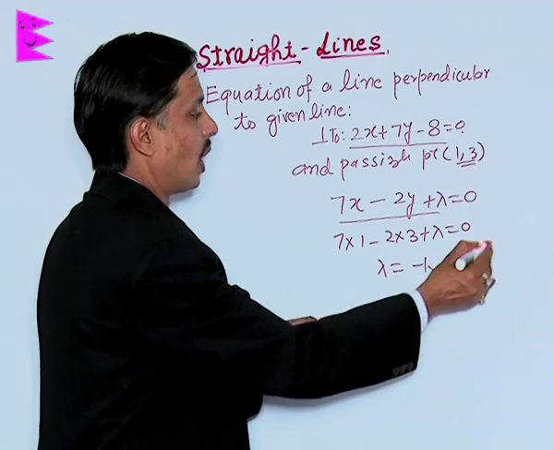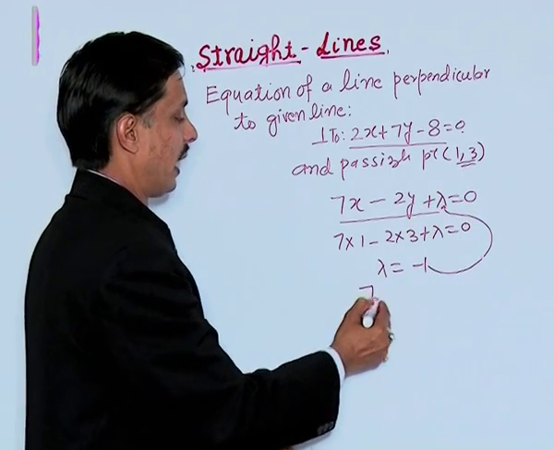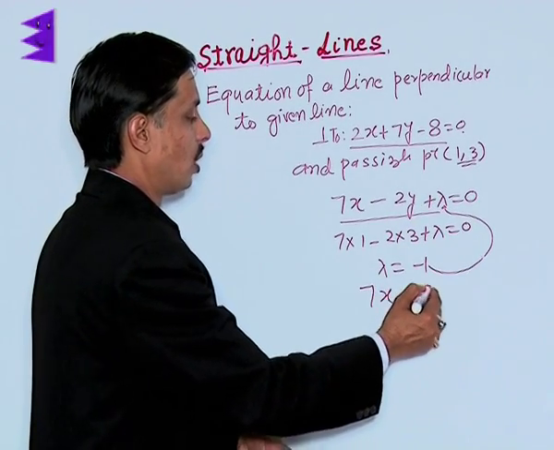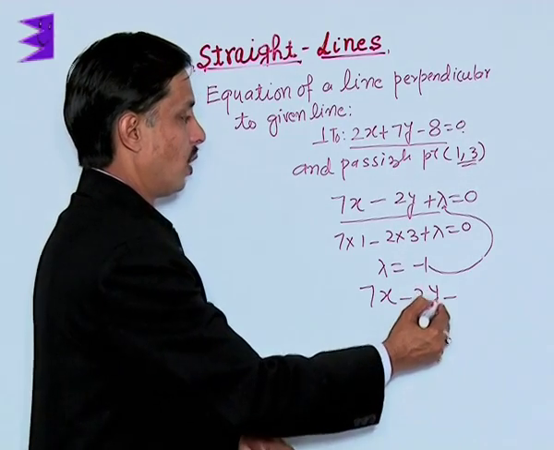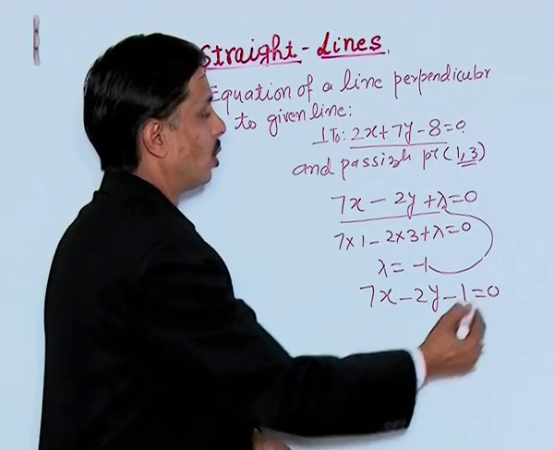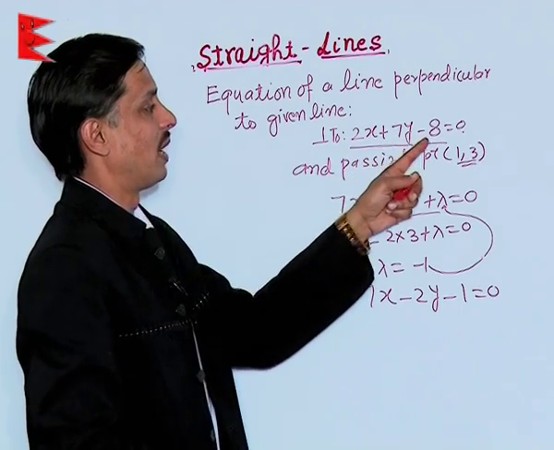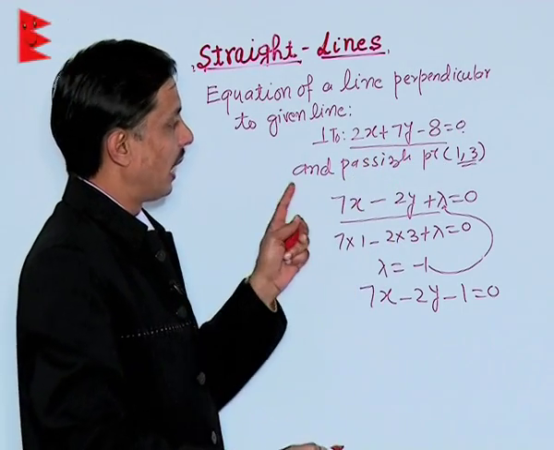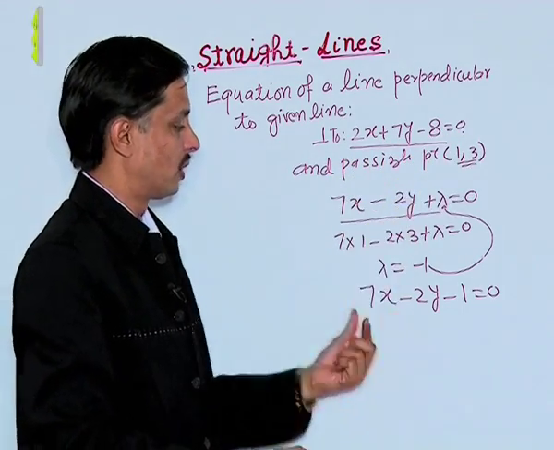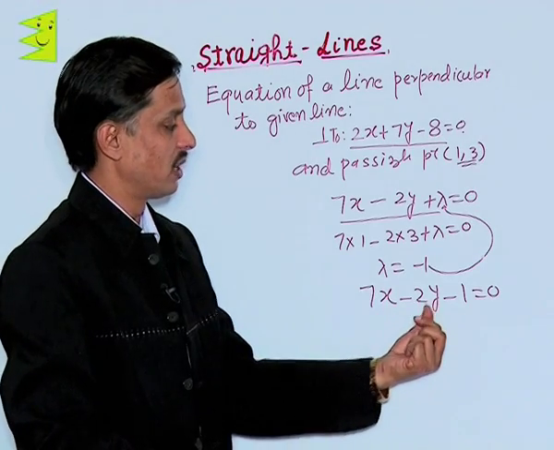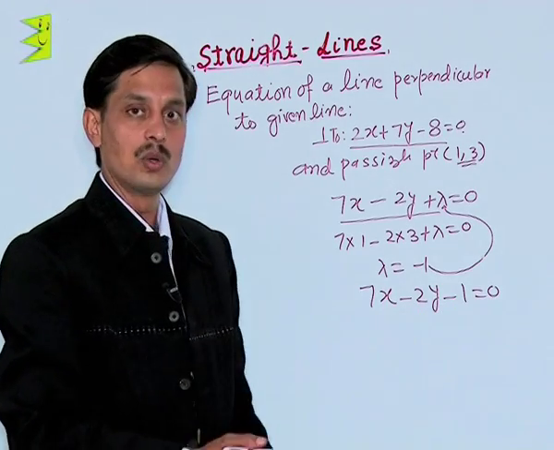So replace the value of lambda here. We will get the equation of the required line, which is perpendicular to the given line 2x plus 7y minus 8 is equal to 0 and passing through the point (1, 3), as 7x minus 2y minus 1 is equal to 0.